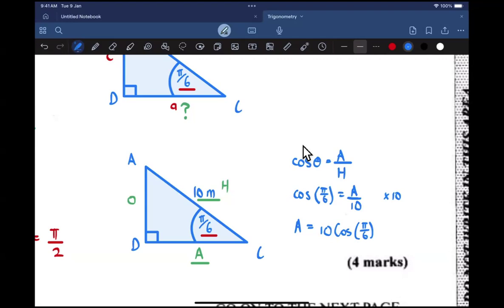No, it isn't. So since we have pi over 6 as the angle, guys, what is the calculator on? Degrees or radians? Radians. So put the calculator in radians and put 10 cos pi over 6 in, and let me know what you get.